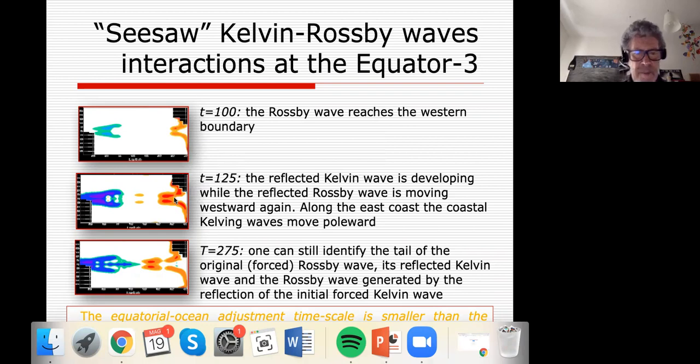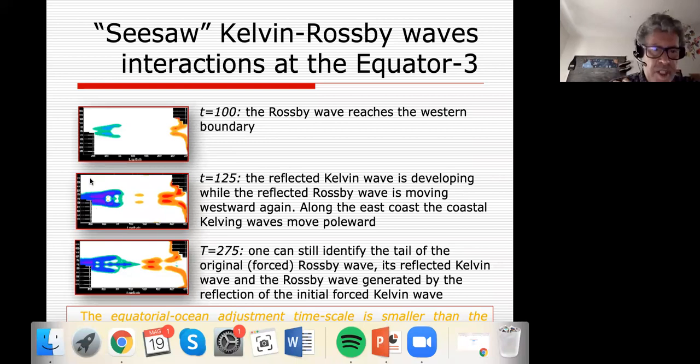Here the process is better seen. Here you have a reflection of the Rossby wave in terms of a Kelvin wave, and the polarity is the same. So a negative Kelvin wave before means the thermocline is shallower here, and there is a superposition of incoming and outgoing waves.